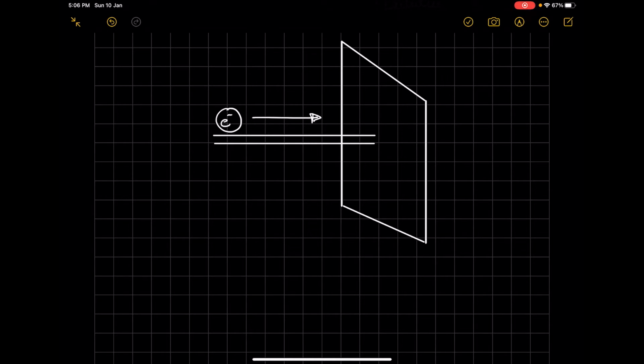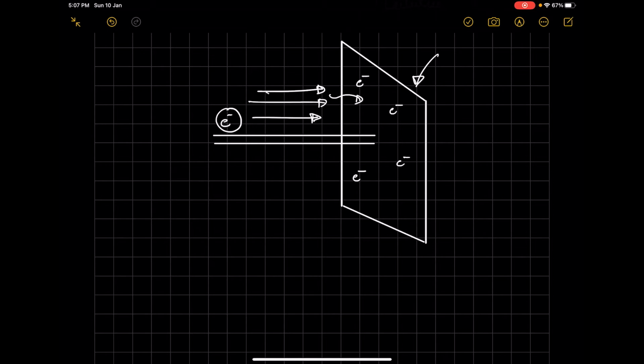When a current or a voltage is applied, the electrons moving in this direction have nowhere to go apart from accumulating on this plate. Initially, a plate will have no extra charge, so electrons flowing in this direction will easily accumulate on the plate.